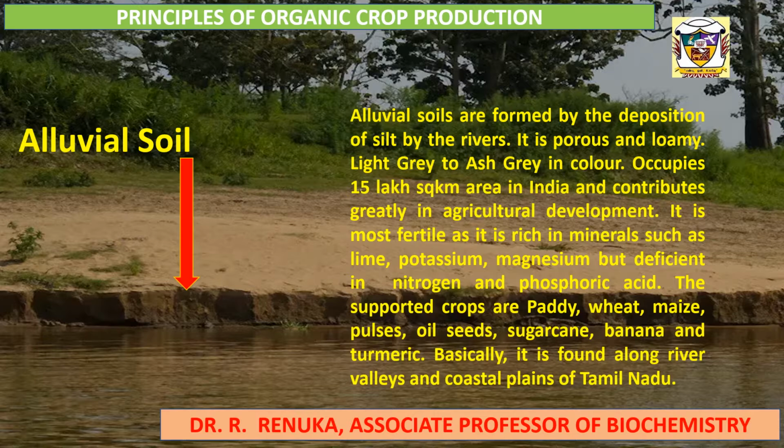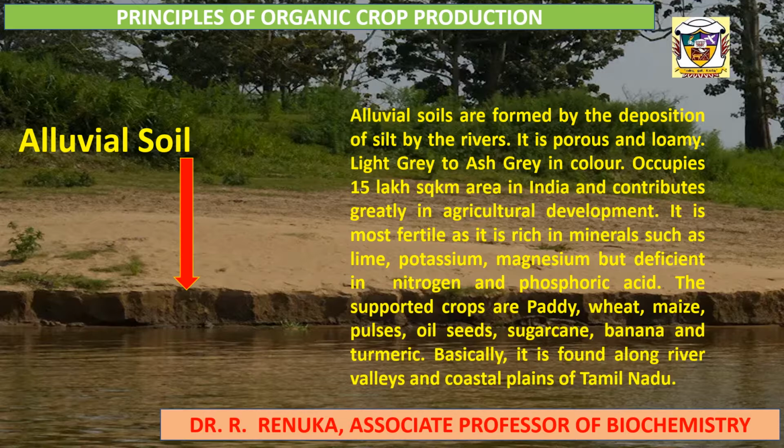Alluvial soils are formed by the deposition of silt by the rivers. It is porous and loamy, light grey to ash grey in color. It occupies 15 lakh square kilometers in India and contributes greatly to agricultural development.